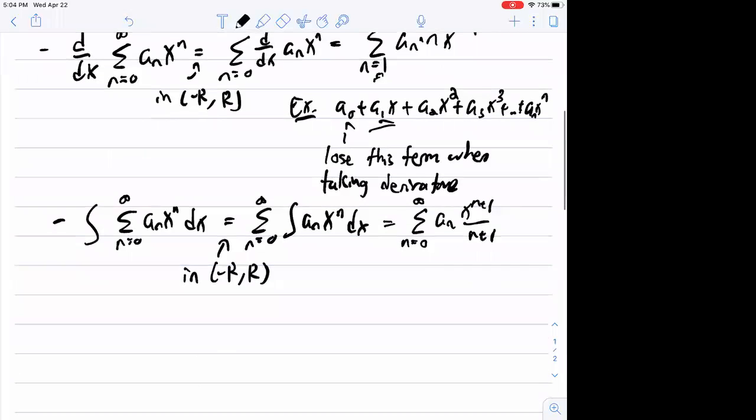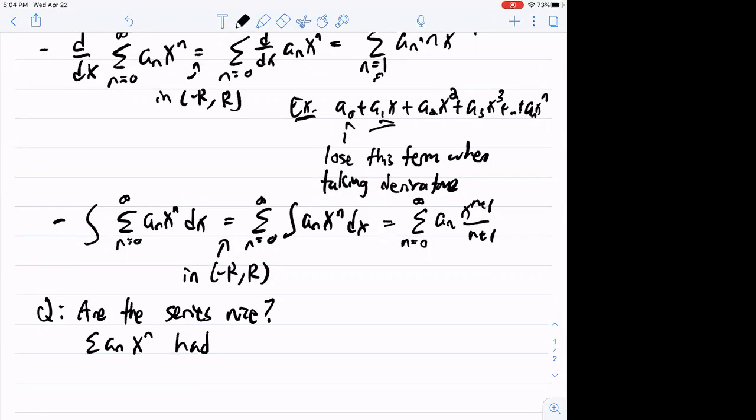Okay, but this is great and all, but the question is, are the series nice? In other words, our original series had radius of convergence r, that's why I put negative r to r.